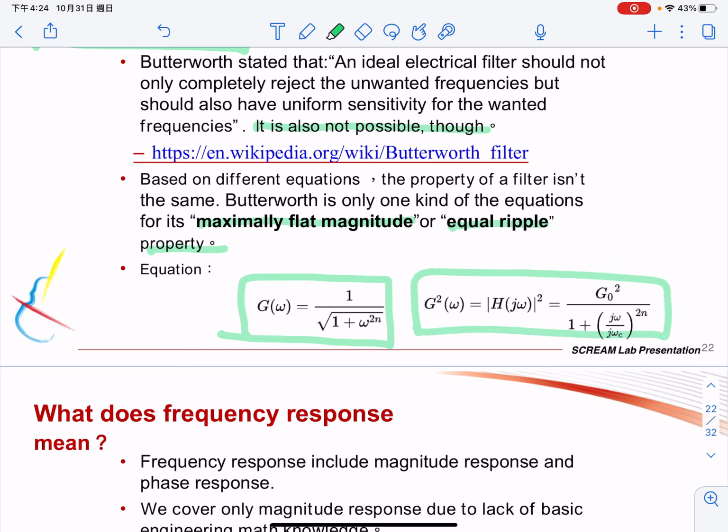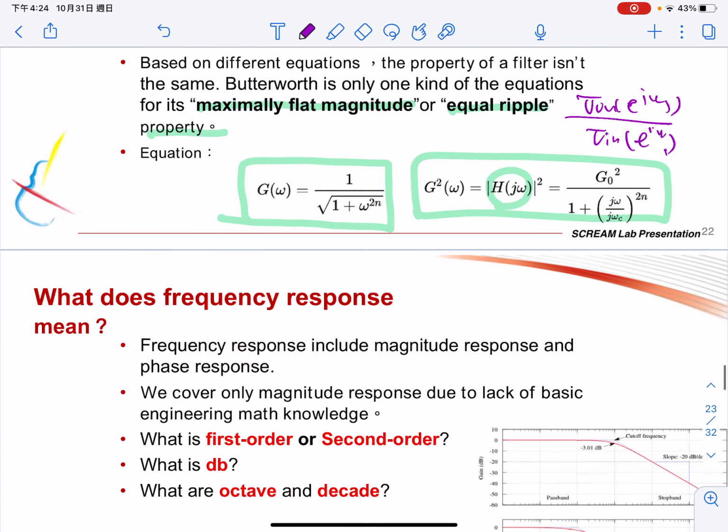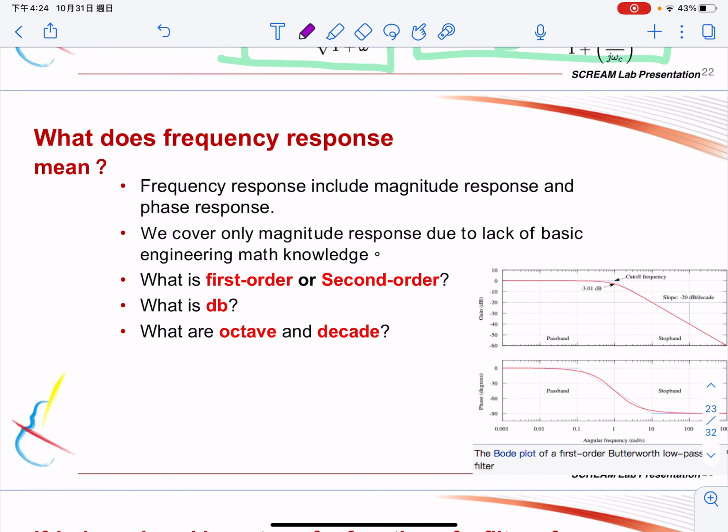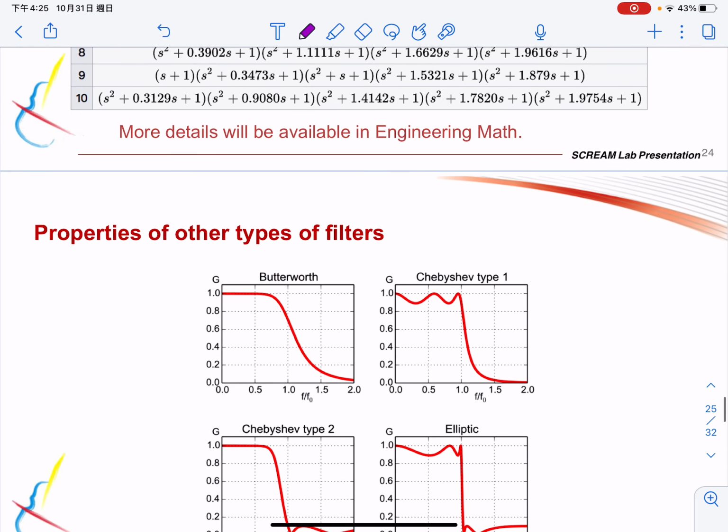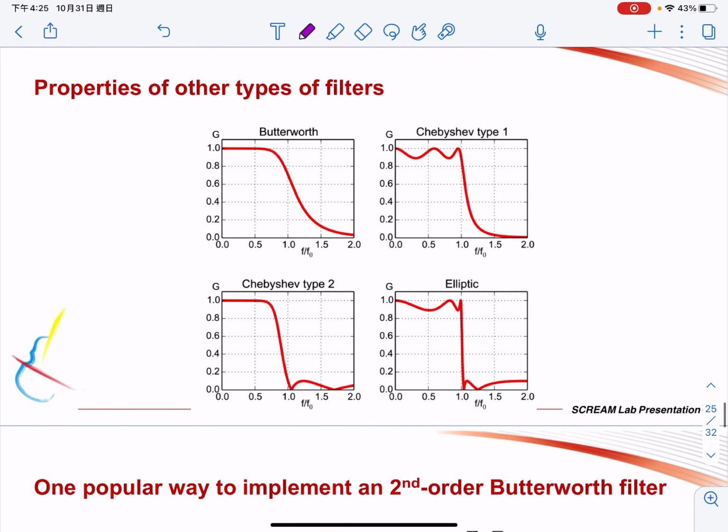And this H of j omega is what we write as V out e to the j omega over V in e to the j omega. Okay, so this is the frequency response we just talked about before, and there are lots of filters. One filter is called a Butterworth. This is the Butterworth filter.